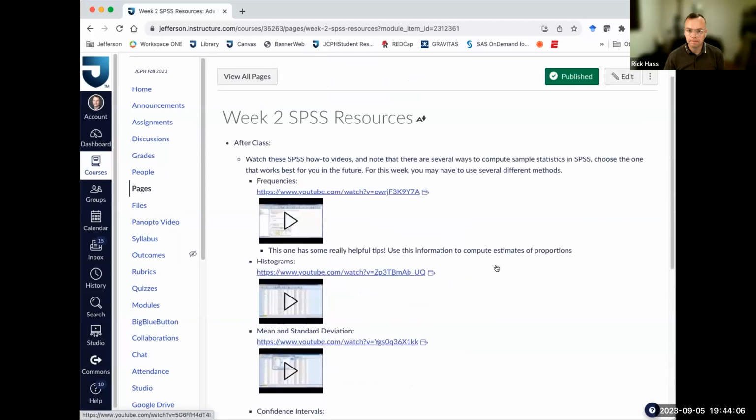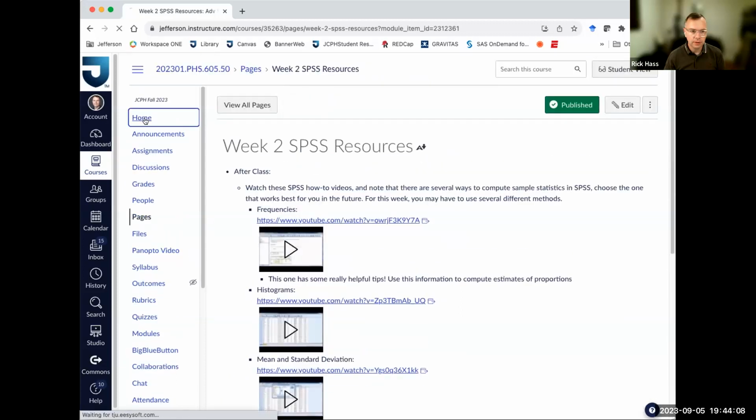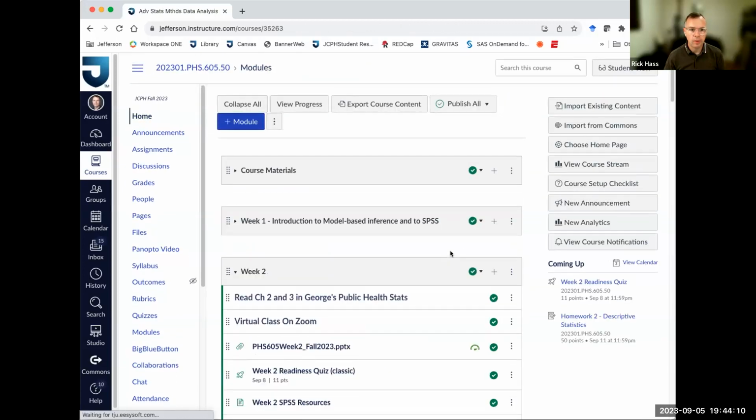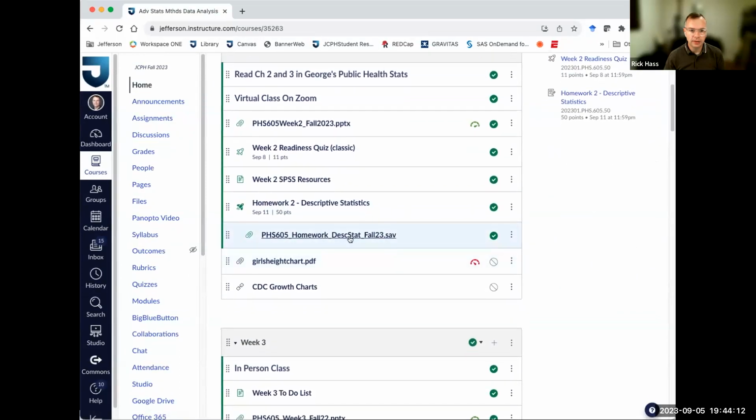Okay. So for homework, you can use that data set we just looked at. It's just going to be a bunch of questions, just like last week, compute this and that. A lot of stuff can be gotten by just running descriptives on a bunch of variables once, and you can just read off stuff.